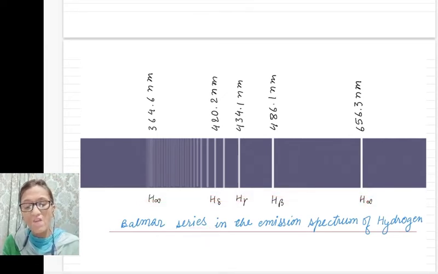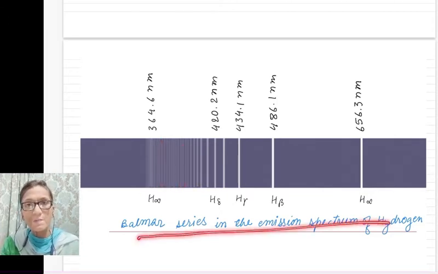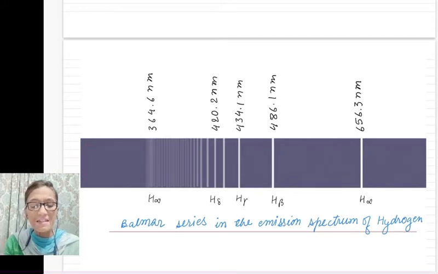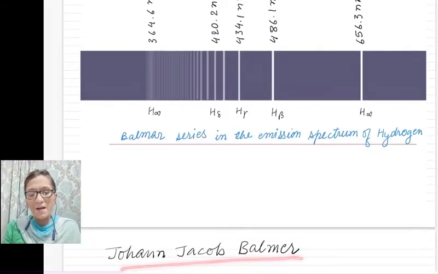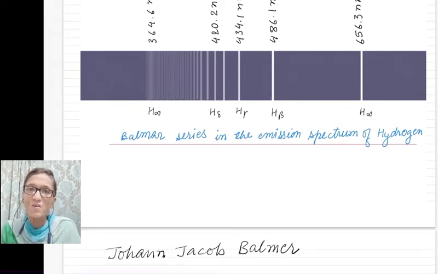In the same way, you have different sets of these discrete wavelengths. This is one Balmer series. Similarly, you have Paschen series, Brackett series and Pfund series, all arranged in this manner. Johann Jakob Balmer was a mathematician, and once he asked his physicist friend, as he was getting bored and wanted some numbers to play with.